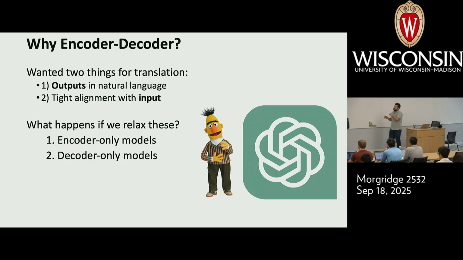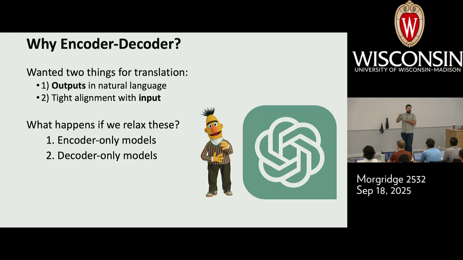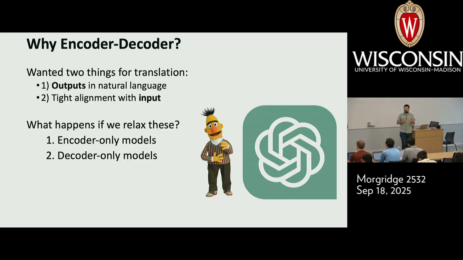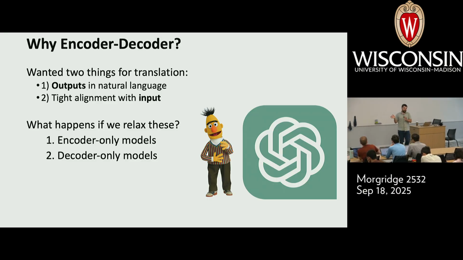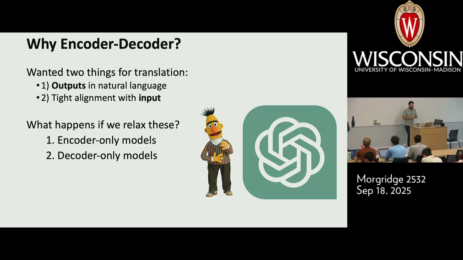Let's get rid of one of those requirements, get encoder-only models. Let's get rid of the other one, we'll get decoder-only models. And these will have different value. One will give us good embeddings that we can do lots of tasks over. The other will give us generative language models, which, as it'll turn out, we'll also be able to do lots of tasks with, but in a different way. Everybody OK with this? OK.